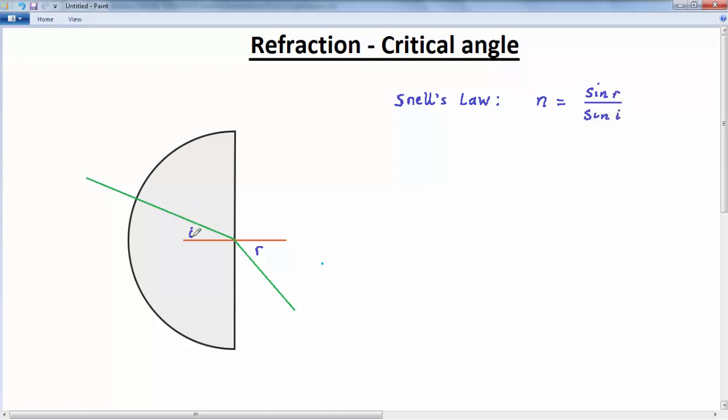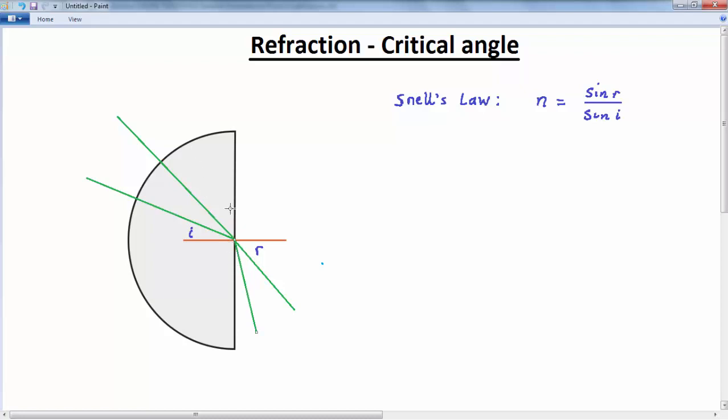Now what happens as we increase this angle of incidence? Well, as the angle of incidence increases, then the angle of refraction will increase. So if we fire the beam here for example, then the beam will be refracted by a greater angle.